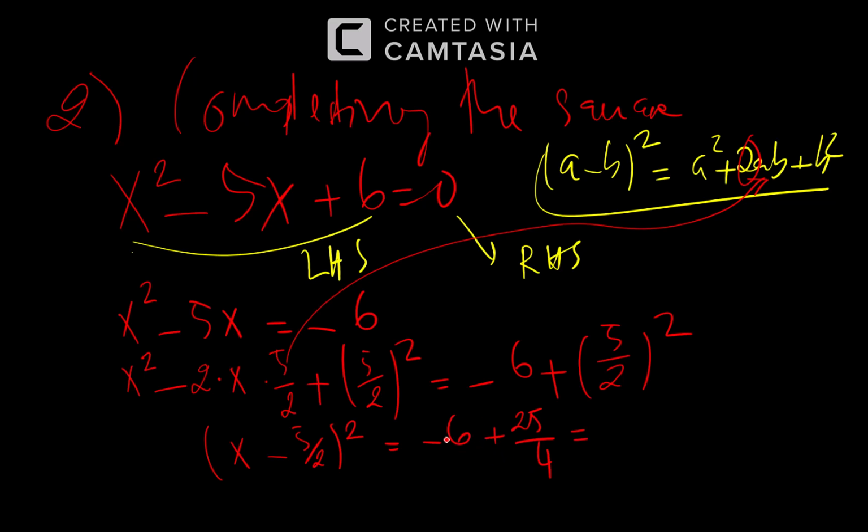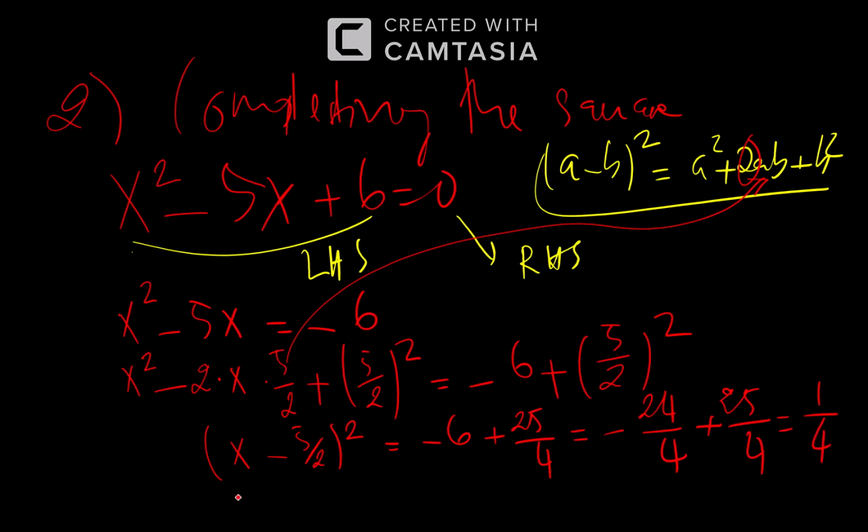We see here negative 6, so we put the denominator 4, and negative 6 times 4 equal to negative 24, and here we keep 25 divided by 4. So negative 24 plus 25 equal to 1, and here we keep the denominator 4.